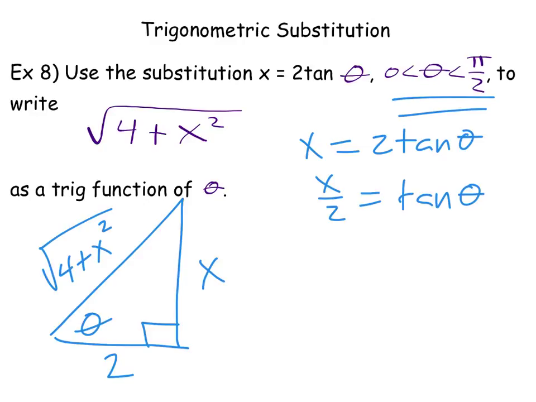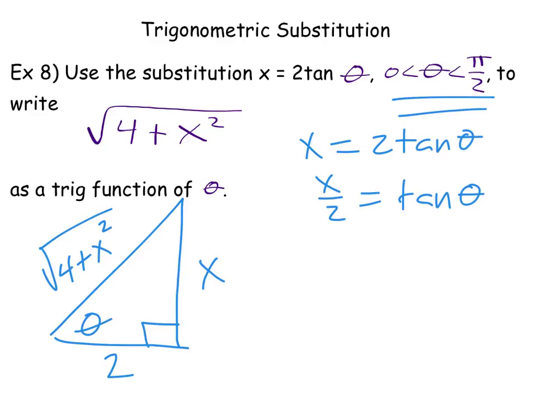So what we want to do now with a trig substitution here is basically write an expression for the hypotenuse, but x is a side length. Write it in terms of the angle.